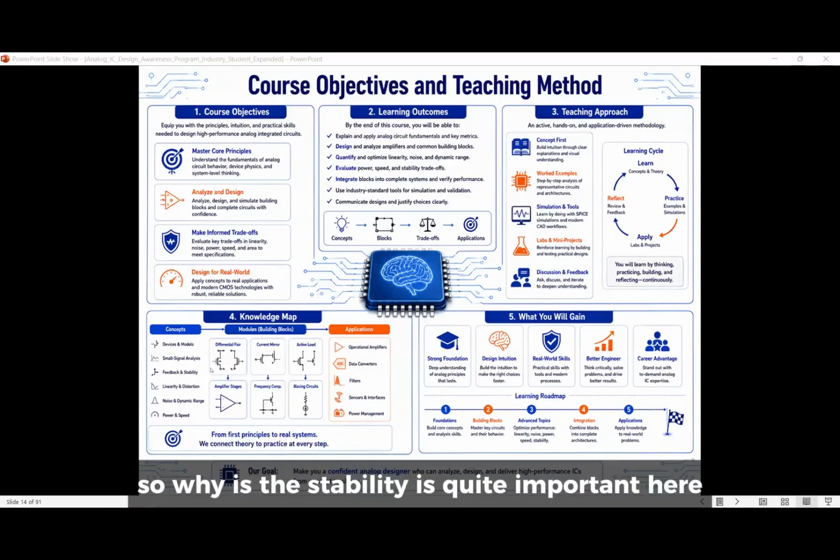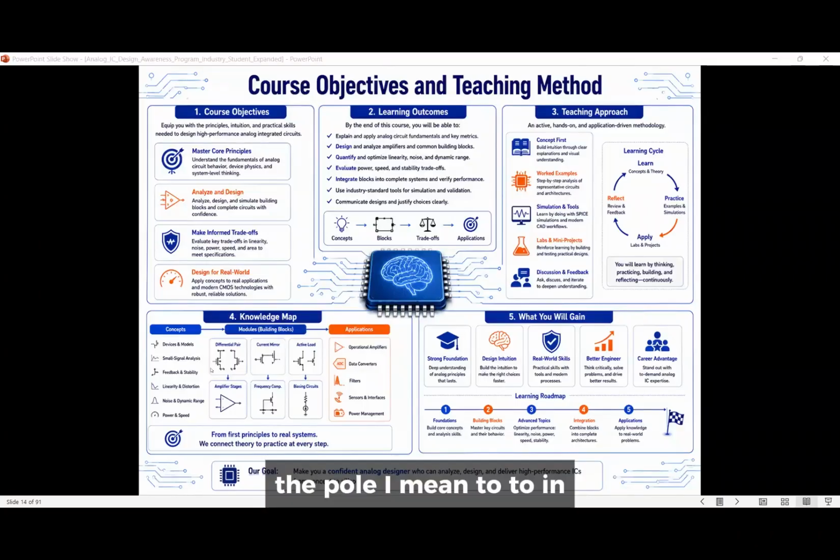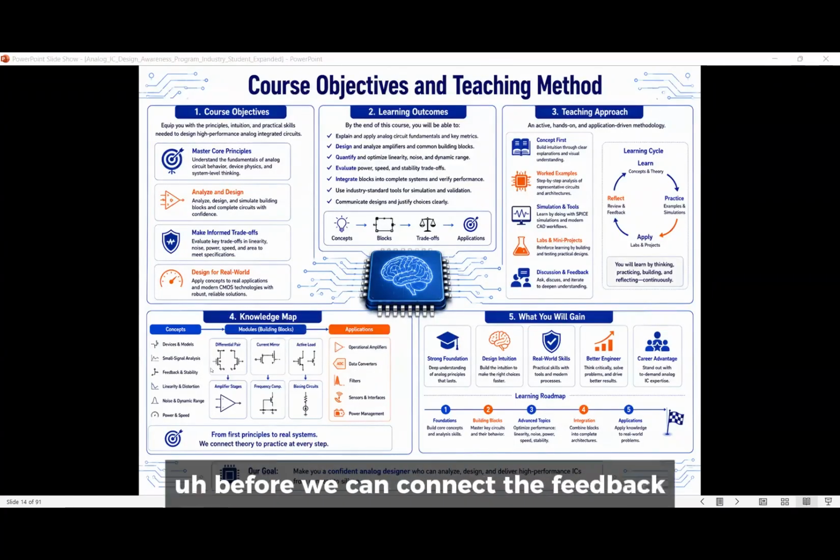Why is stability quite important here? Because the feedback sometimes will enhance the pole of some internal node, so it can create a stability issue.